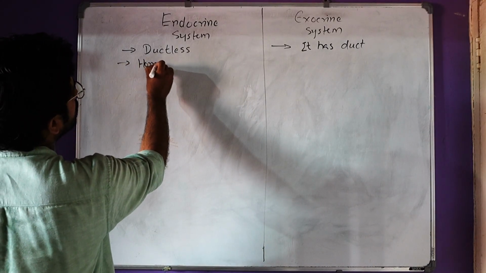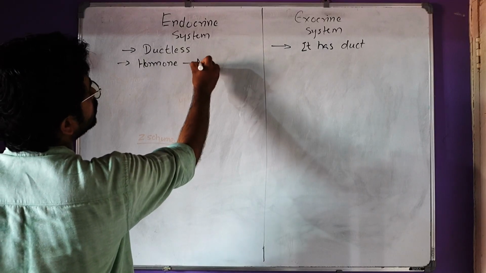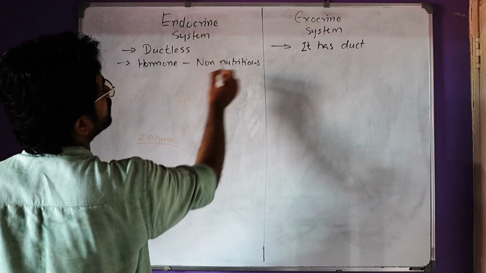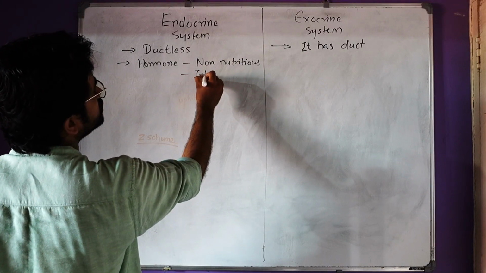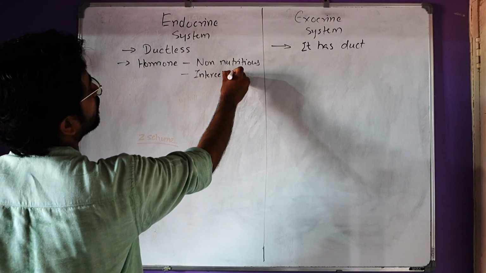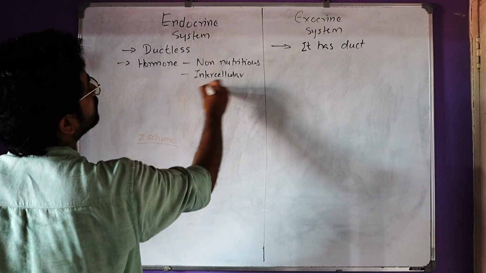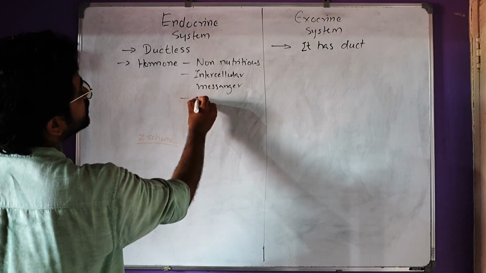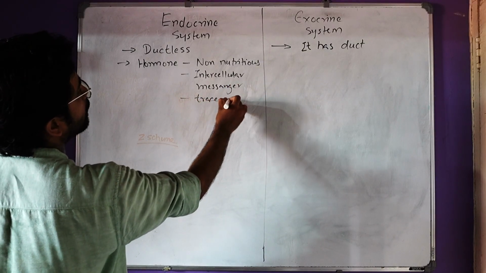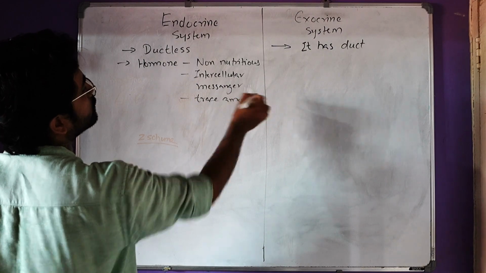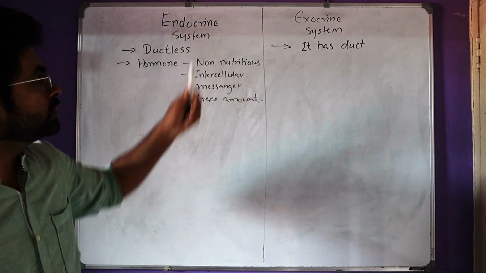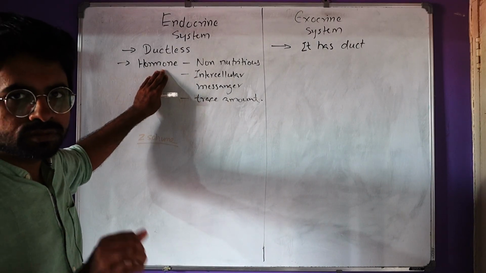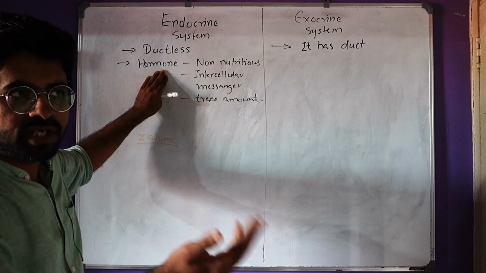Hormone is non-nutritious, intercellular messenger, released in trace amount. Trace means very small amount. If I am saying that hormone is actually a protein, we have learned that protein can be an enzyme, can be a hormone.